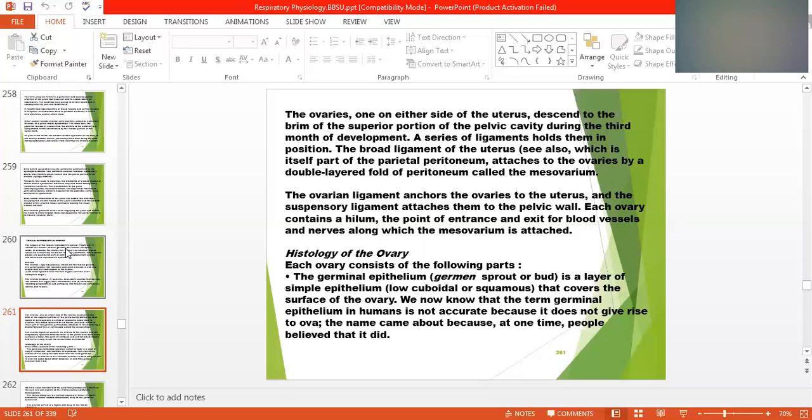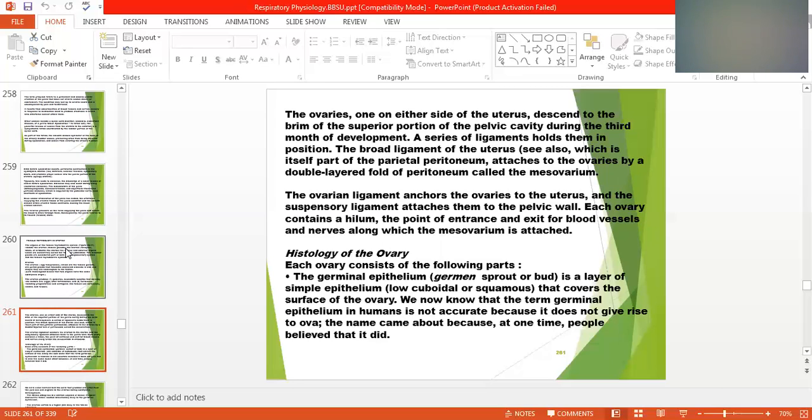Histology of the ovary. Each ovary consists of the following parts: the germinal epithelium. Germinal means germ or bud. It is a layer of simple epithelium, cuboidal or squamous, that covers the surface of the ovary. We now know that the term germinal epithelium in humans is not accurate because it does not give rise to ova.